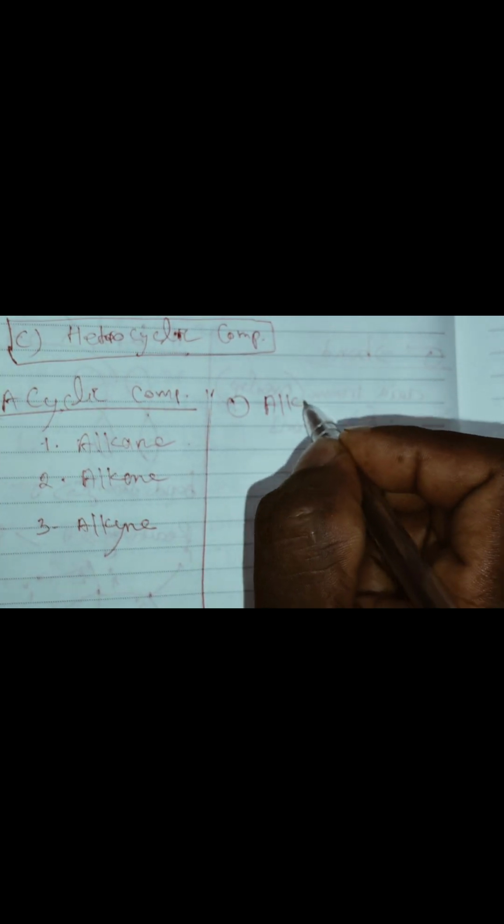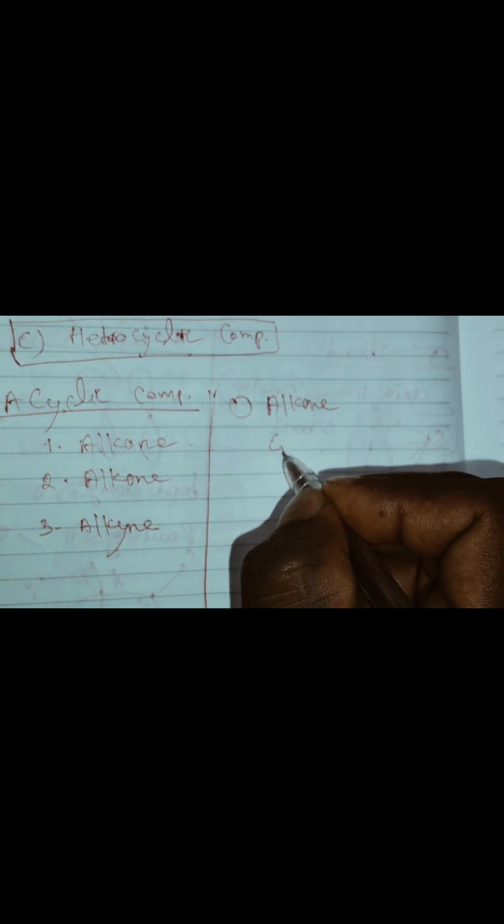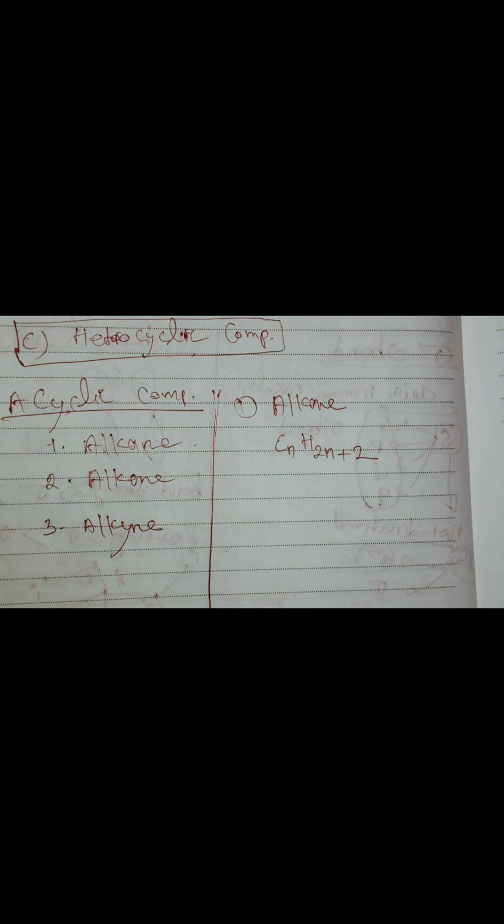In general, the first case is alkane. This alkane has the general formula CnH2n+2.